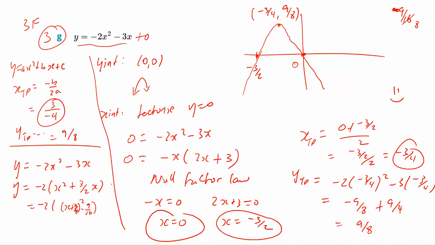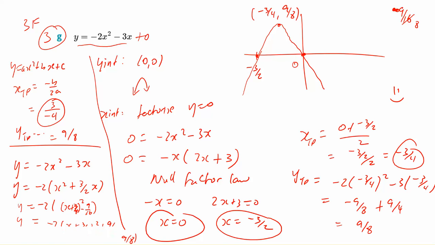Now we don't have a constant term, so we have nothing to drop. When I expand that, I get negative 2 times (x plus 3 over 4) squared, minus negative 2 times 9 over 16. Negative times negative 9 over 16 is positive 9 over 8. So, therefore, your TP would be negative 3 over 4, 9 over 8.